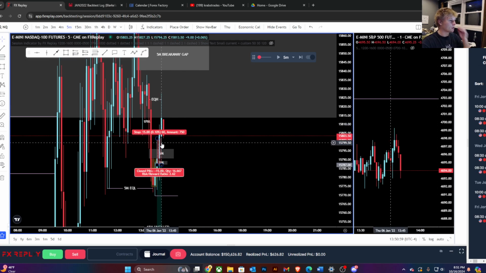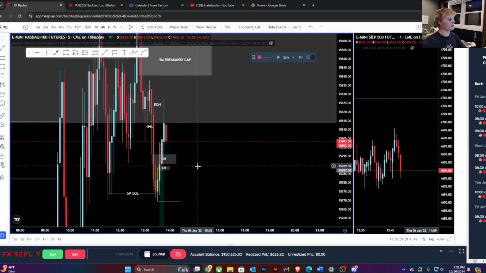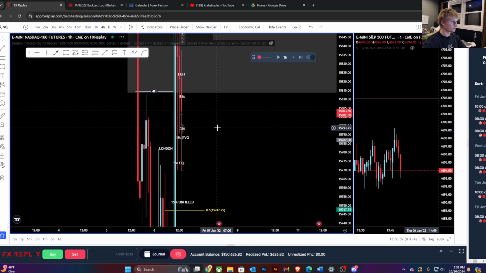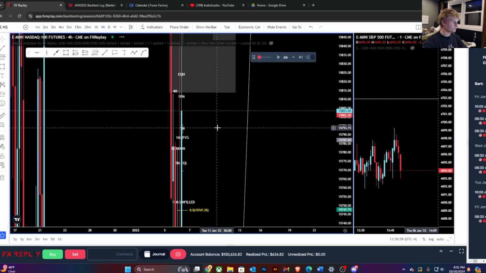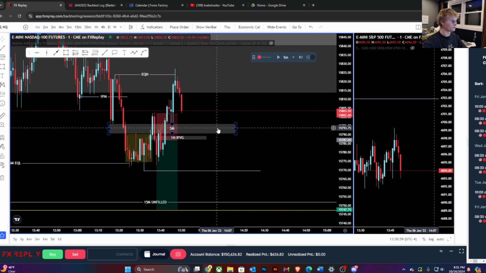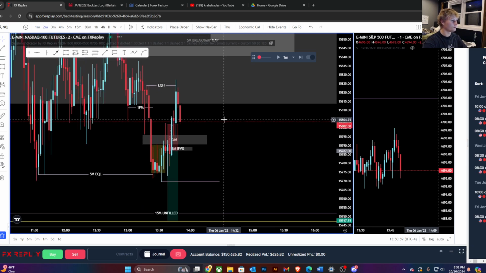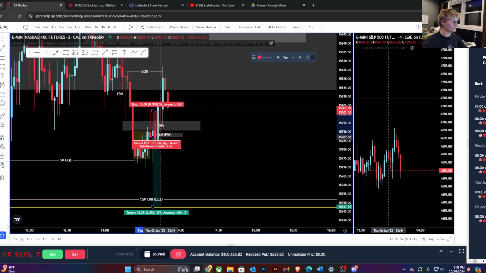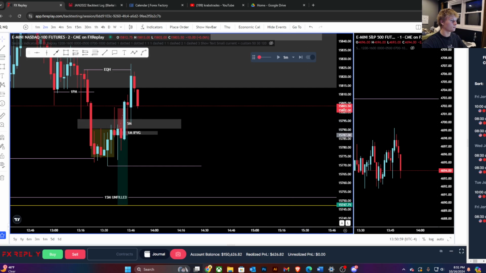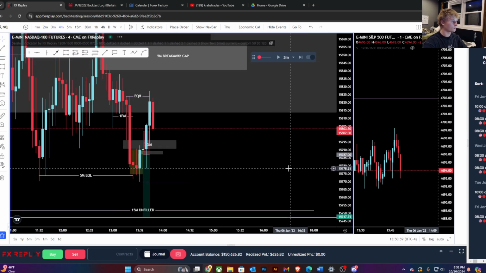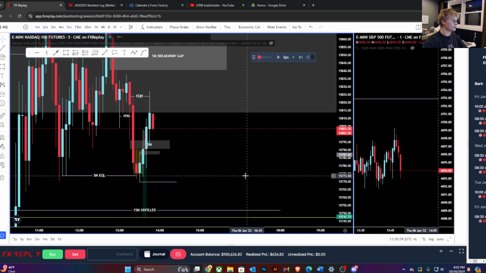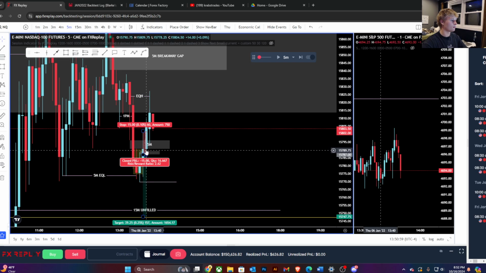However, this 5 minute did inverse, which I do not like. Re-entry does look good though, but it's 5 minute inverse now.